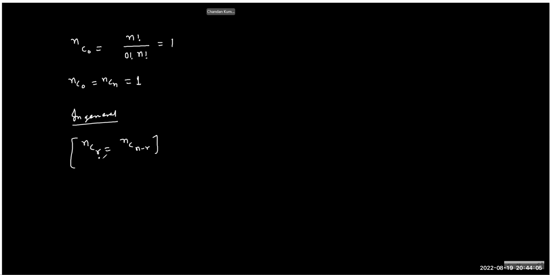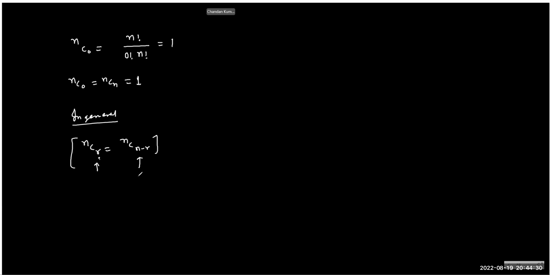Because the total is fixed. So both are the same instruction. Either you pick r apples or you pick n minus r apples, both are the same. Yes or no? Because if you are picking r apples, you are by default picking n minus r bananas and vice versa. So both are numerically giving you the same coefficient. So nCr is always the same as nC(n minus r).